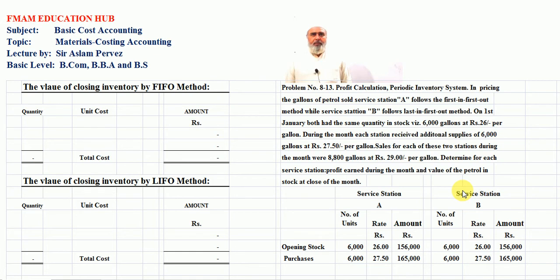Friends, you are seeing this problem in front of you on your screen. Students, there are two service stations which are selling petrol to people. Both service station A and B follow the FIFO method and LIFO method respectively.